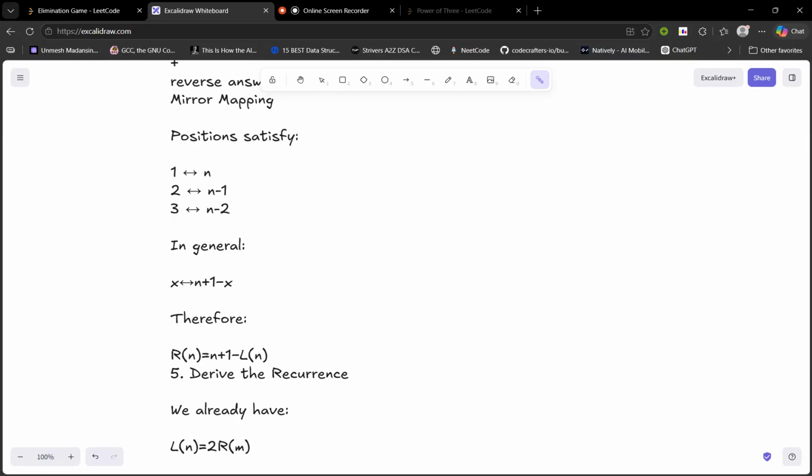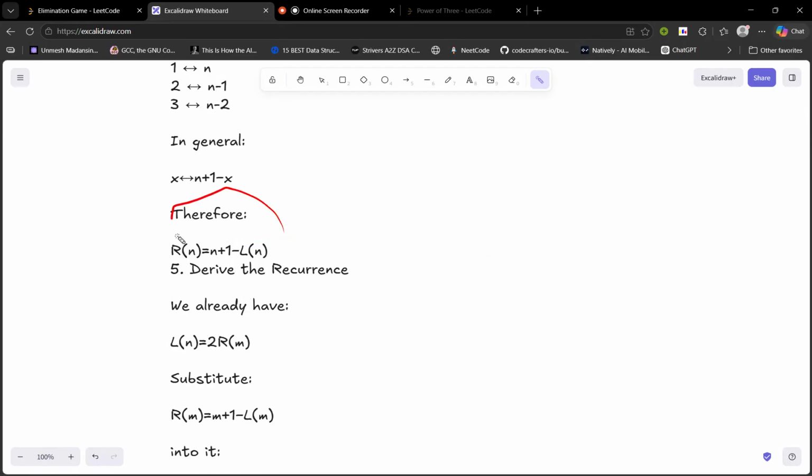It's not a trick, it's a simple mathematical equation which gives, if a number is the xth number from the left side, then from the right side it will be n plus 1 minus x.